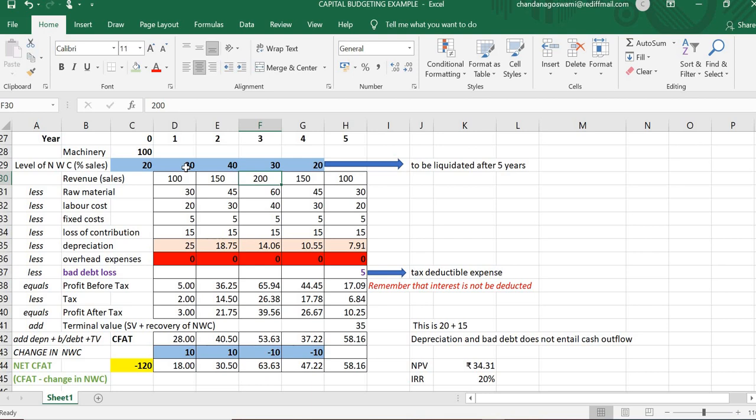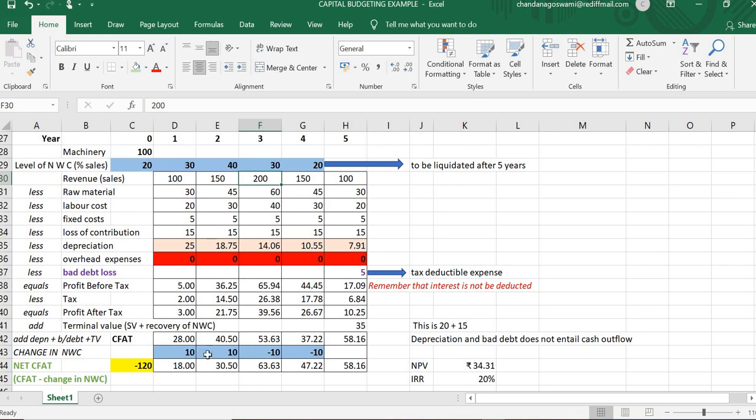So extra 10 million we had to spend in the name of net working capital. 30 increased to 40. So again another additional 10 million outflow we have. But from 40 it reduced to 30, which means that we have saved 10 out here. And from 30 it became 20. So there's another saving of 10 out here.